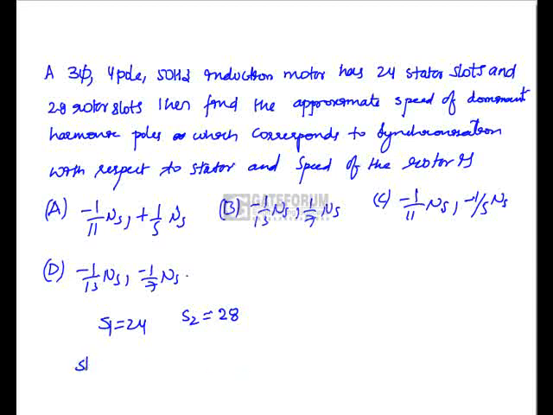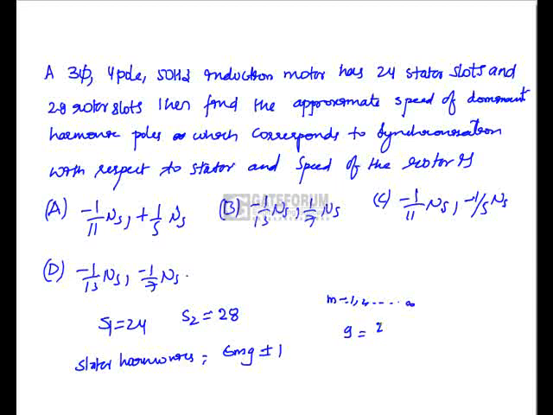Now what are the stator harmonics here? Stator harmonics in an induction machine are given as 6mg plus or minus 1, where m is an integer from 1 up to infinity, and g is slots per pole per phase.